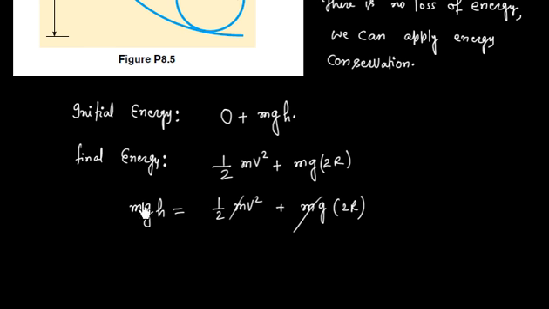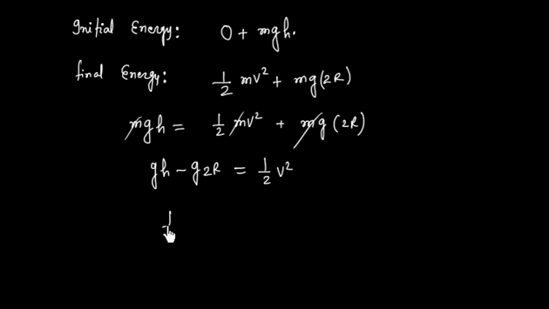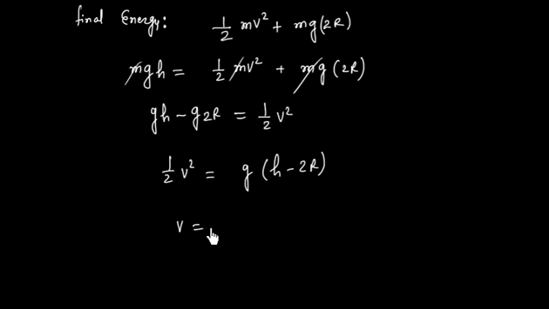Mass cancels. So we have gh minus g 2r is equal to half v square. Or we can write half v square is equal to g(h minus 2r). So v is equal to square root of 2g(h minus 2r).